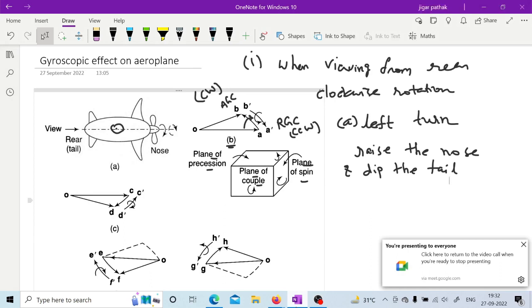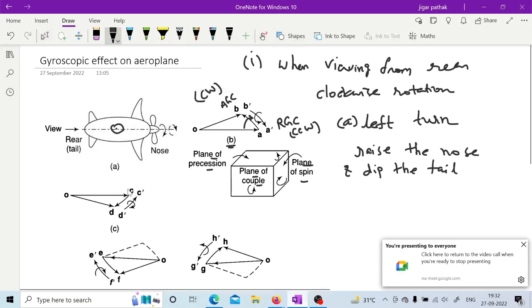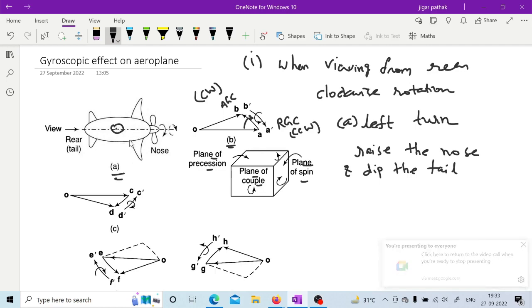Yes, the A part. A is actually a simple figure, right? A is not any case. Figure A shows the position of your aeroplane. This is the rear and this is the front, and in front you have this fan, right? Or you have various rotating elements in the engine, whether of an aeroplane, a ship or any automobile.